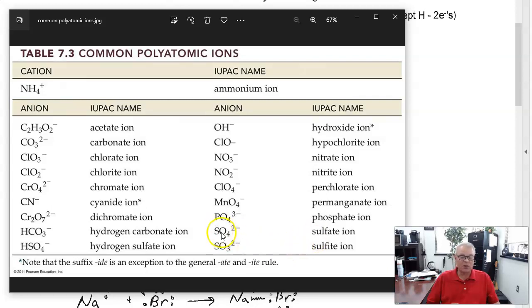For example, a sulfate is an SO4 2-. A phosphate is a PO4, but it's got a -3 charge. It's a different charge. Notice that all of these are either -1 or -2 except for this phosphate, which is -3. It's the only one that's -3. So this one ought to stick in your head, and that one ought to stick in your head.